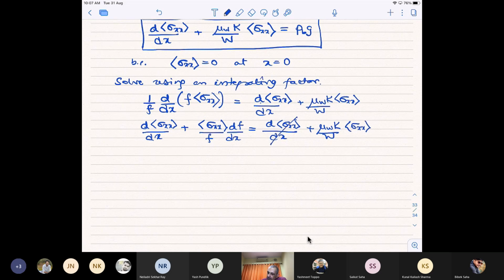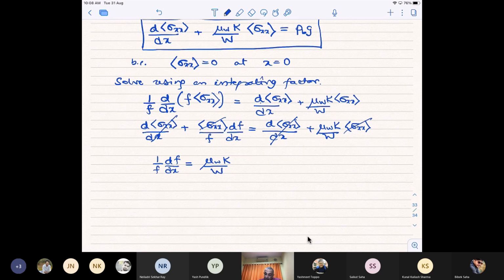This term will cancel with this. So I get a nice thing: 1 by f df by dx is just equal to mu w into k divided by w.